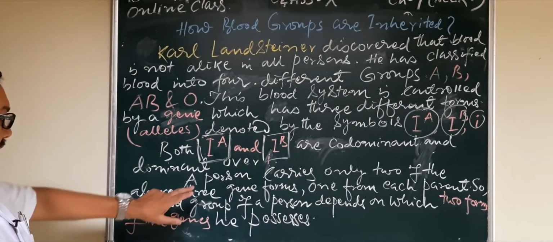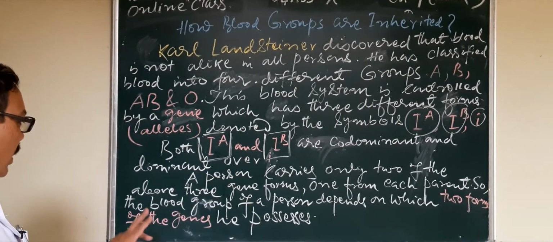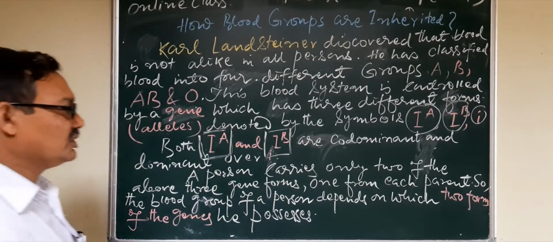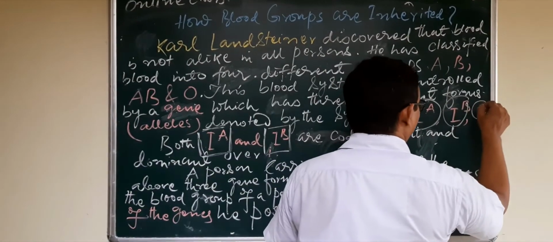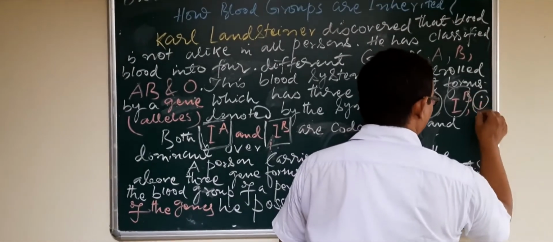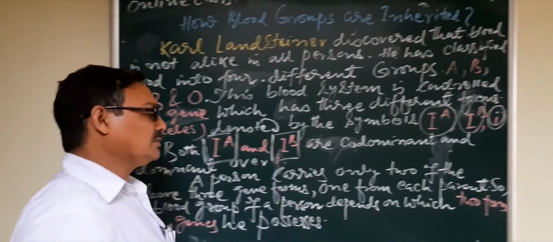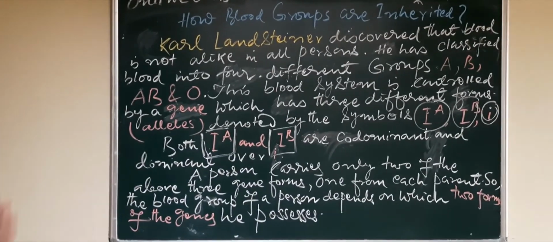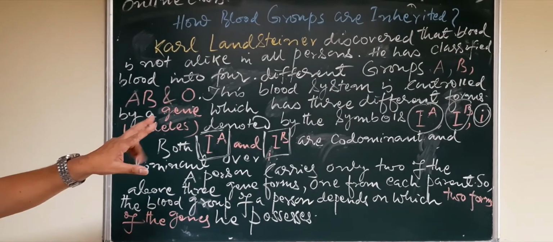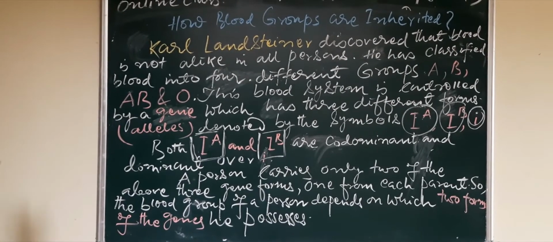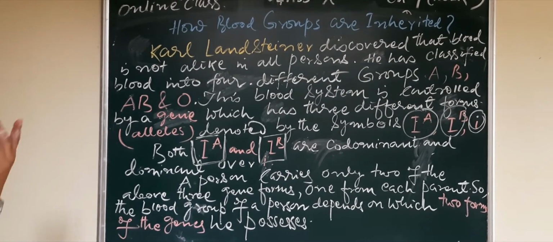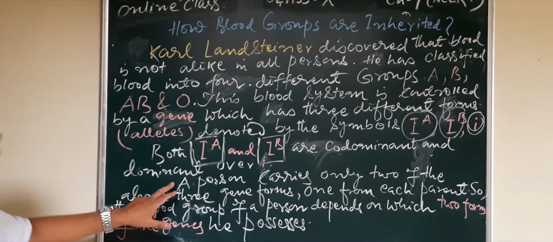Understand? A person carries only 2 of the above 3 genes. 3 genes हैं IA, IB, i, लेकिन एक पर्सन में, किसी एक इंडिविजुअल में, चाहे वो मेल हो चाहे फीमेल हो, इसके 2 फॉर्म ही आएंगे. एक फॉर्म उसका अपने पेरेंट से आएगा, इनहेरिट करेगा.